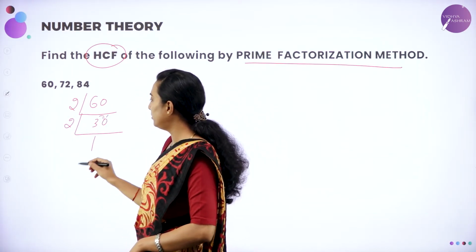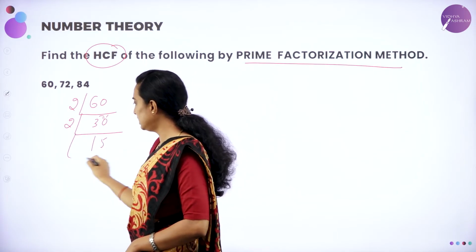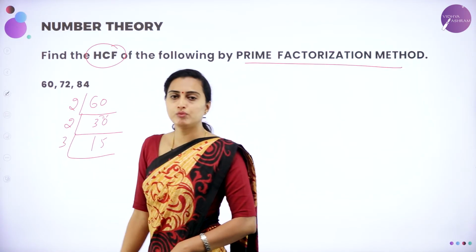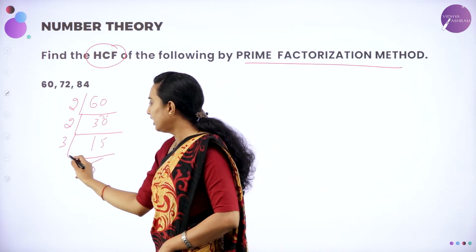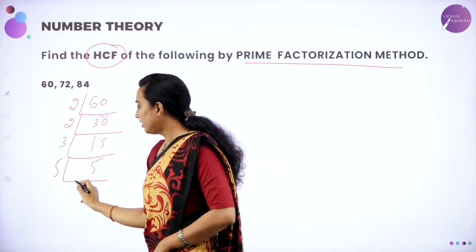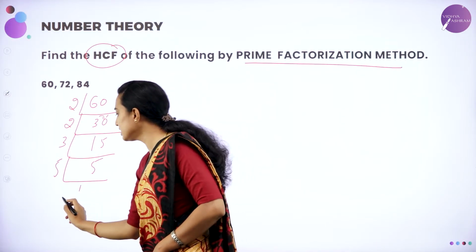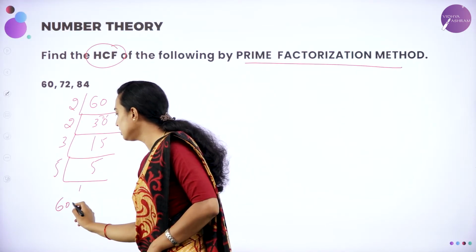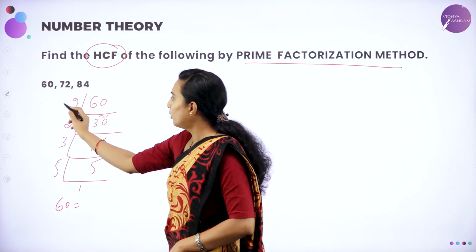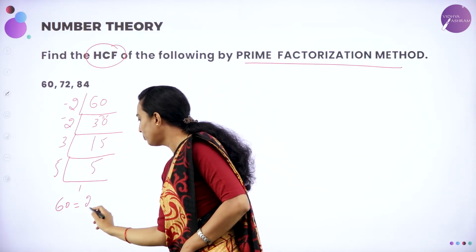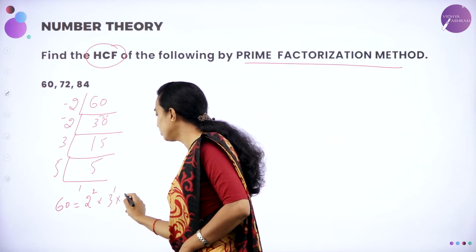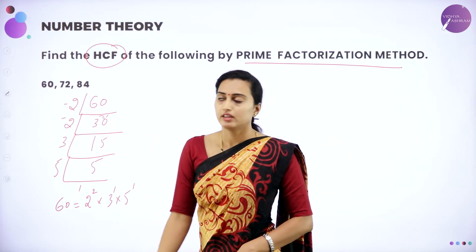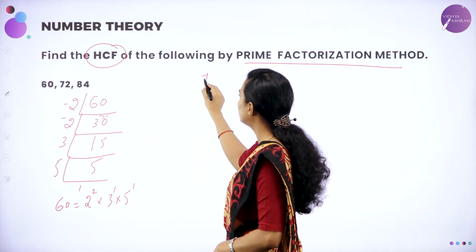Again carry over will be 1. 2 5s are 10. 15 is divisible by 3, which is an odd number. So you are going to have 3 5s are 15. Again 5 1s are 5. So therefore 60 can be written as 2 power 2 into 3 power 1 into 5 power 1. Correct?